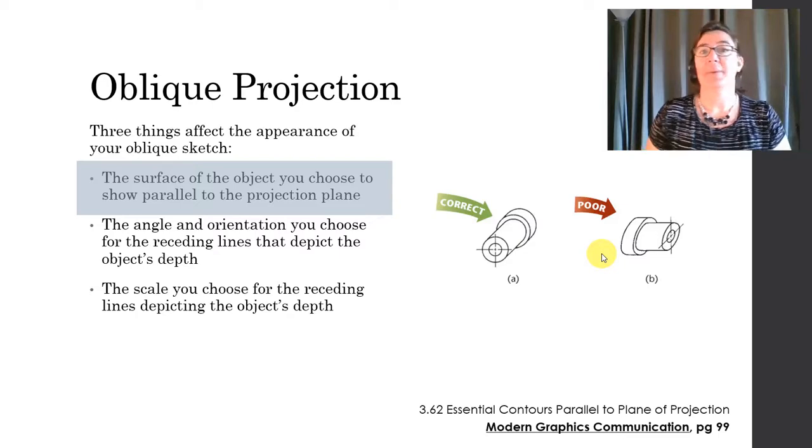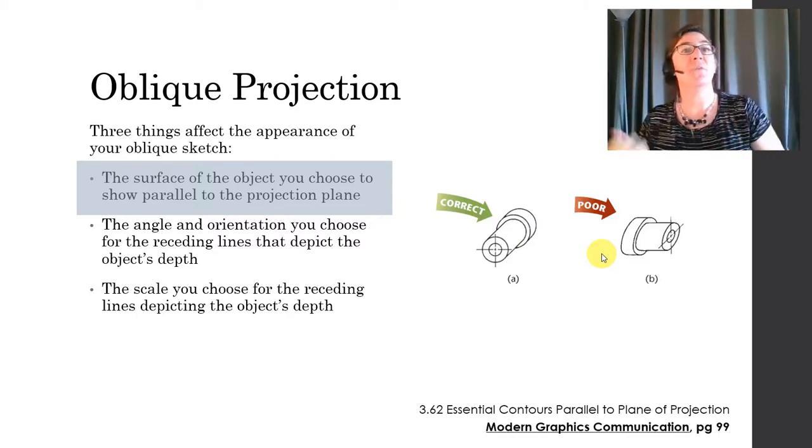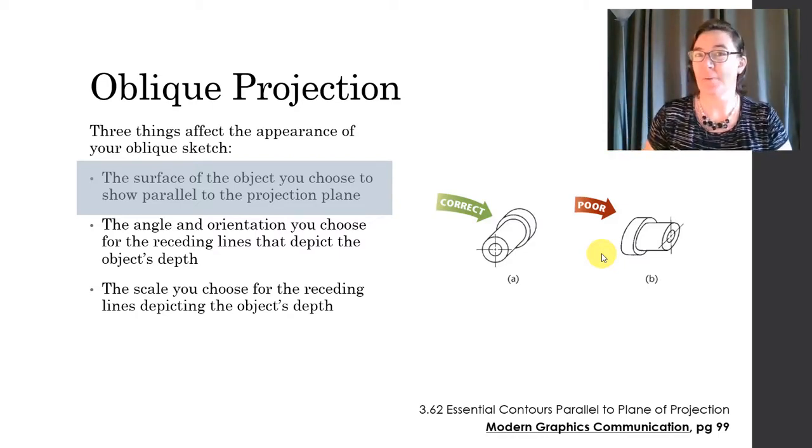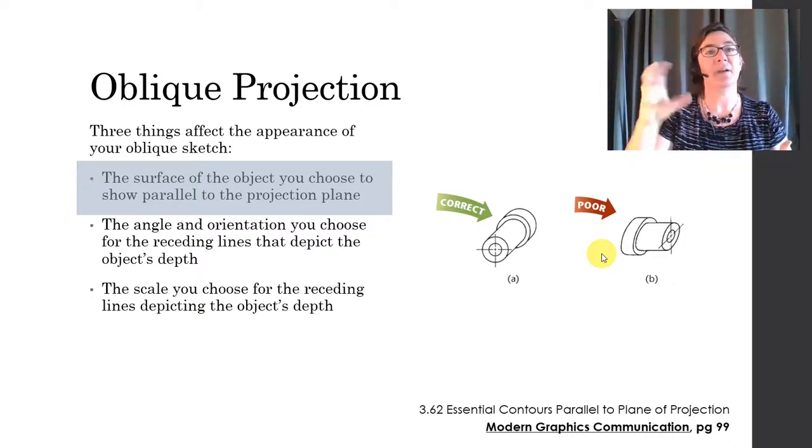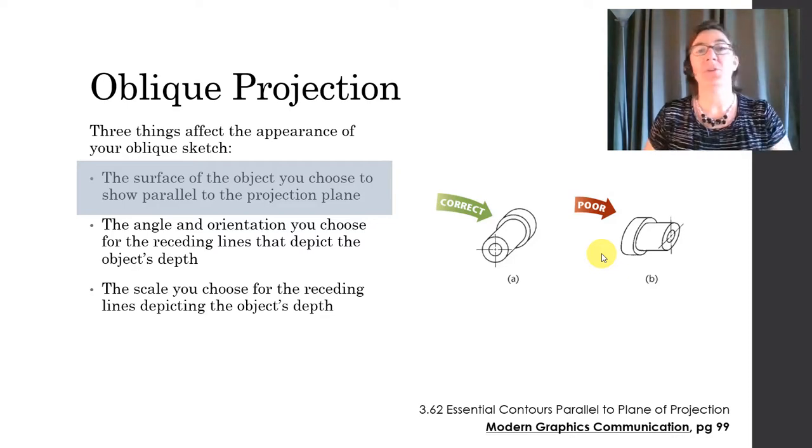There are three different things that will affect the overall appearance of your oblique drawing or your oblique sketch. The first one is the surface of the particular object that you choose to show parallel to the projection plane. Remember that one of the faces or axes or the surfaces of your object is directly facing the projection plane.